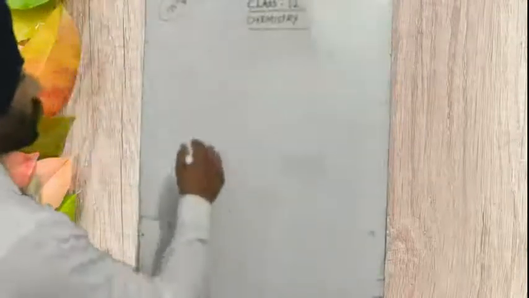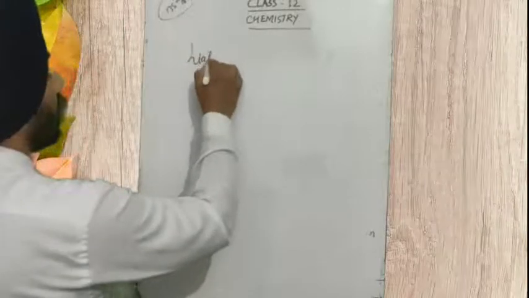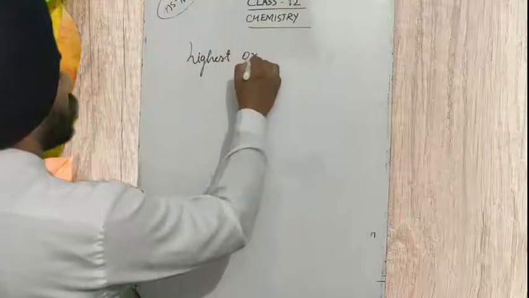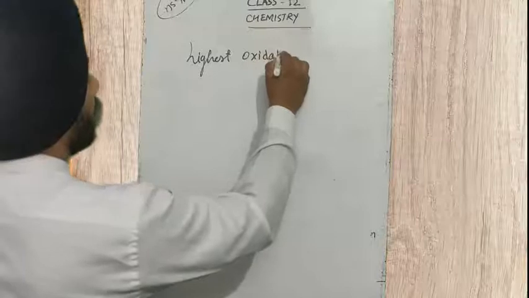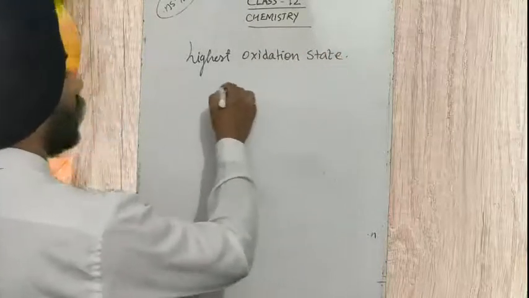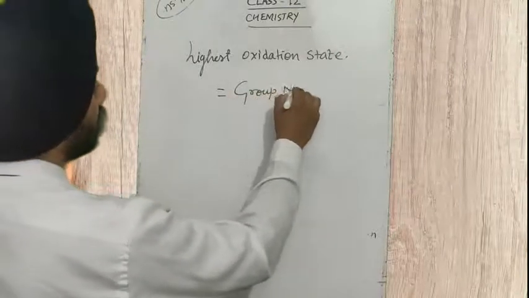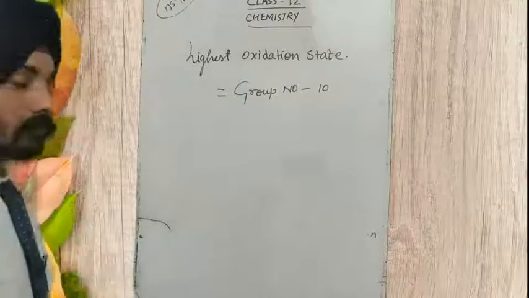So first you have to understand what the higher oxidation state is, or we simply say the highest oxidation state. What is the highest oxidation state of an element of the p block? That is group number minus 10.